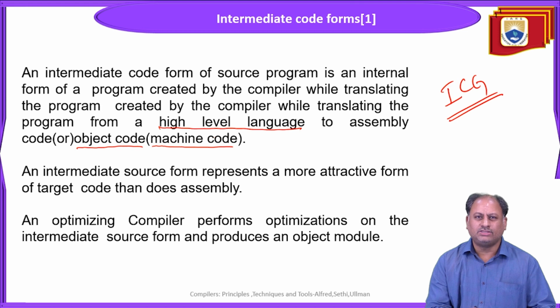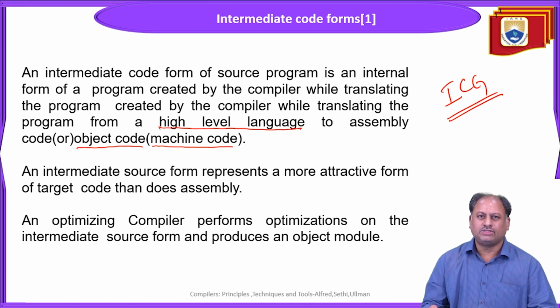So the compiler is the one that carries out this conversion of one program into another, that is, the given high level program into a suitable object code for the corresponding machine.